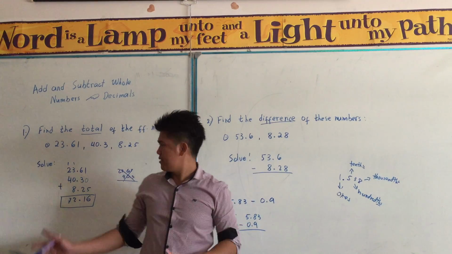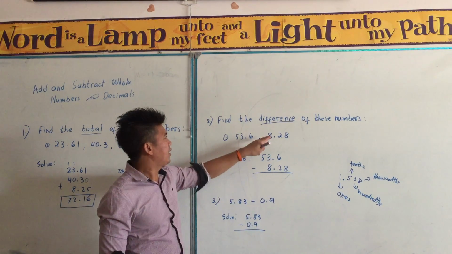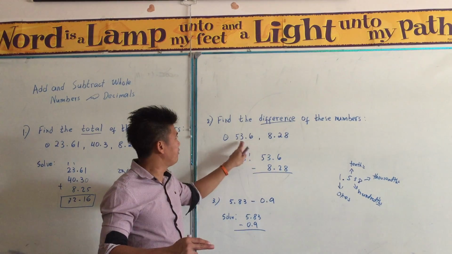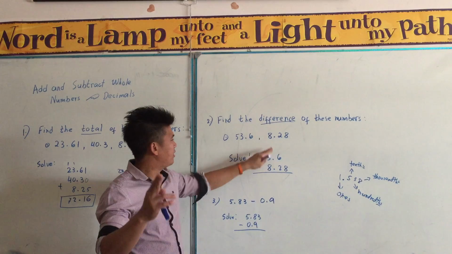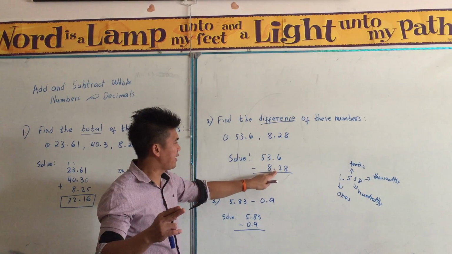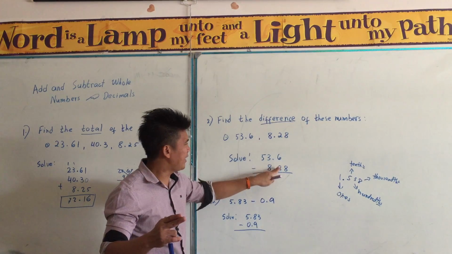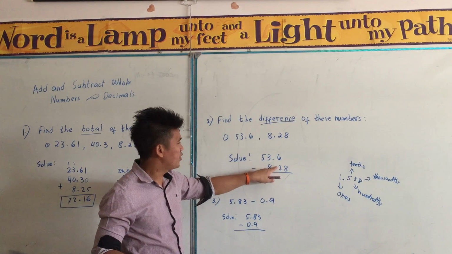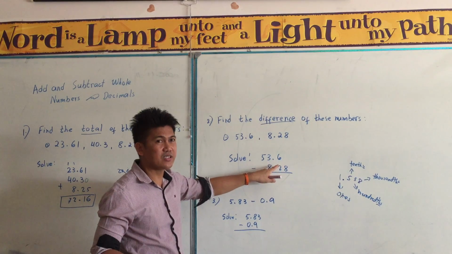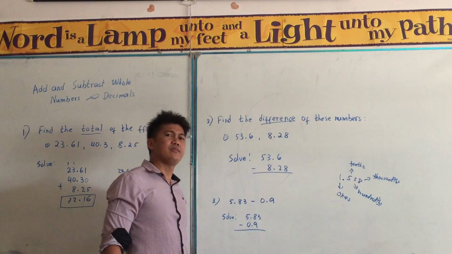Okay, as I've told you, you have to write 8 under the ones digit of 53. What is the ones digit? 3. So 8 should be written there. Then the decimal, and then copy 28. Okay, 2 should be in line with 6 because they have the same place, tenths, and 8 there.